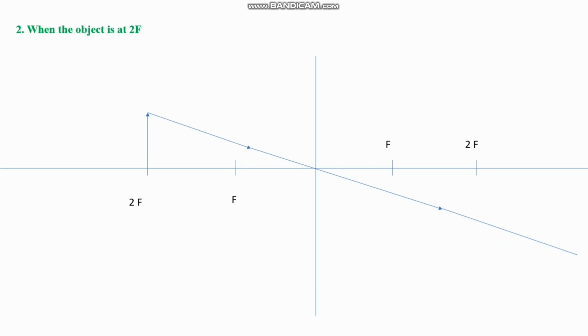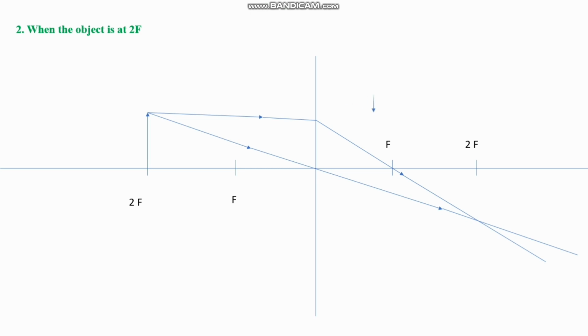Because one of the rays cannot help us locate the image, we use another ray, and we said we use the ray that is parallel to the principal axis. As you can see, this ray passes through the principal focus, so it's refracted and passes through the principal focus, and where they meet is the tip of the image.